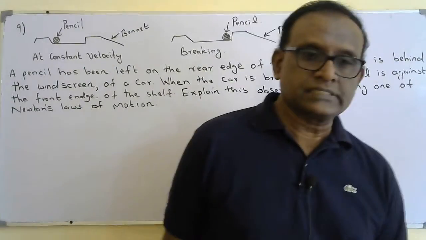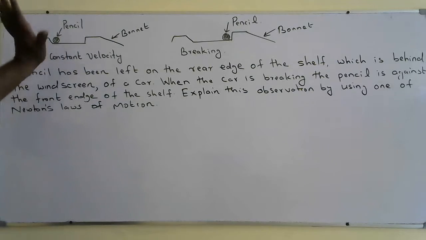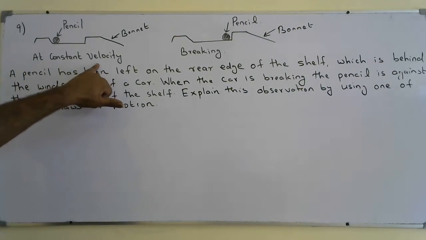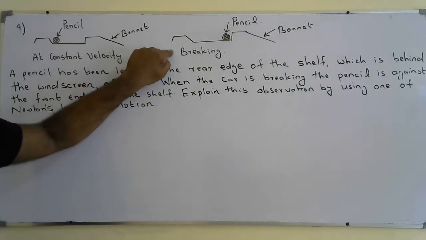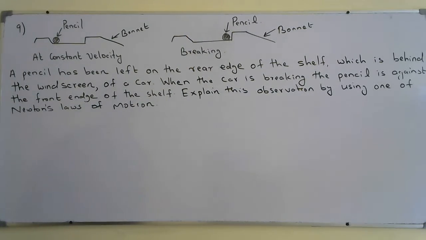Okay, so this question says that the diagram shows the shelf which is behind the windscreen of a car. At constant velocity, the diagram says the pencil is at the rear edge of the shelf. But when the car is braking, the pencil moves to the front edge of the shelf.